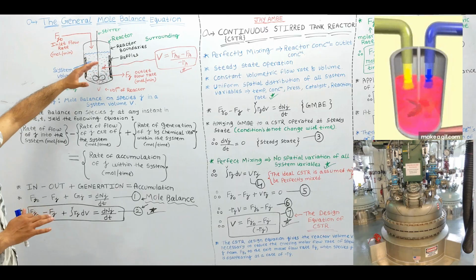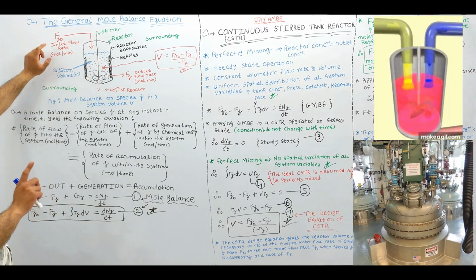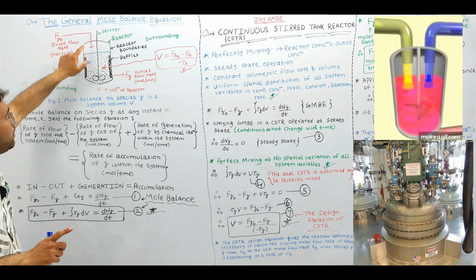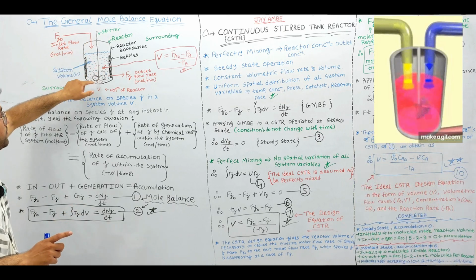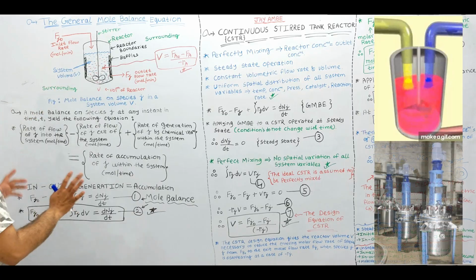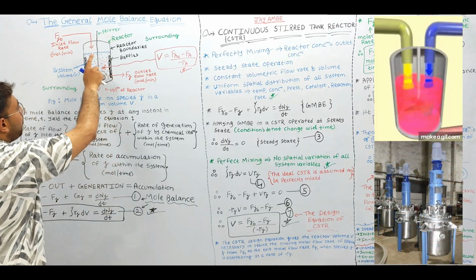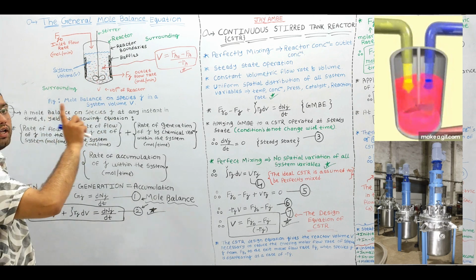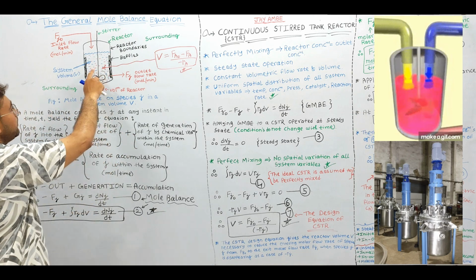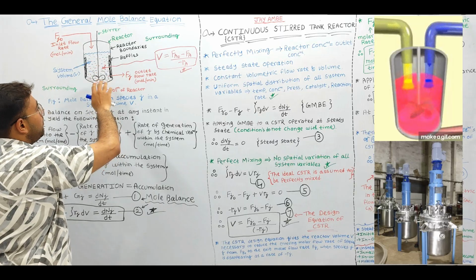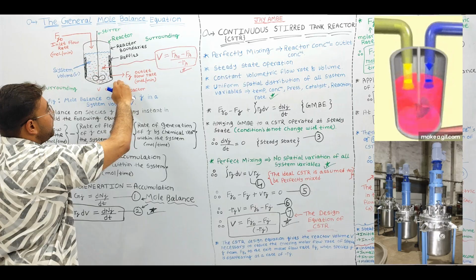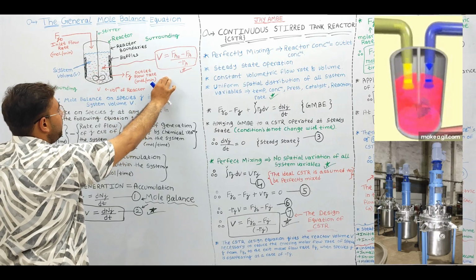In the ideal continuously stirred tank reactor, we have the continuous inlet feed stream which is feeding to the reactor, and by utilizing the stirrer or agitator, we are providing uniform mixing of the entire reaction volume. We are continuously stirring the entire reaction environment, and the products which are formed continuously exit through the reactor outlet stream.